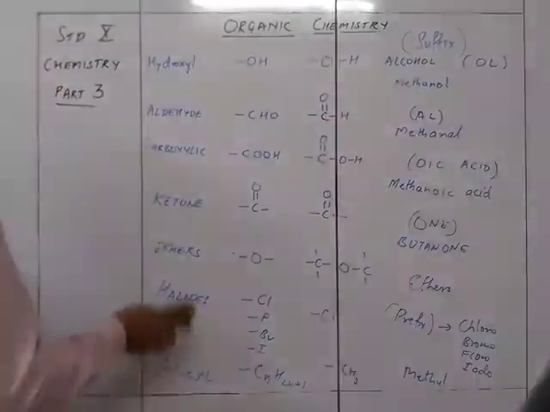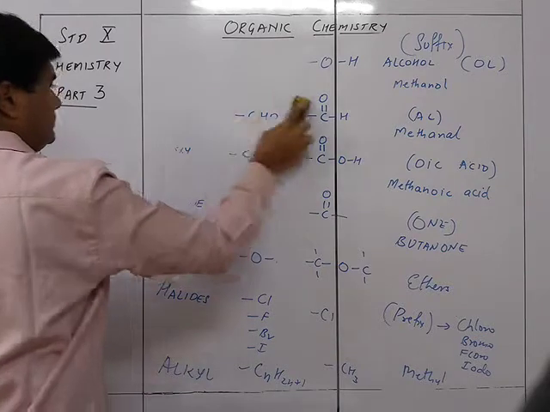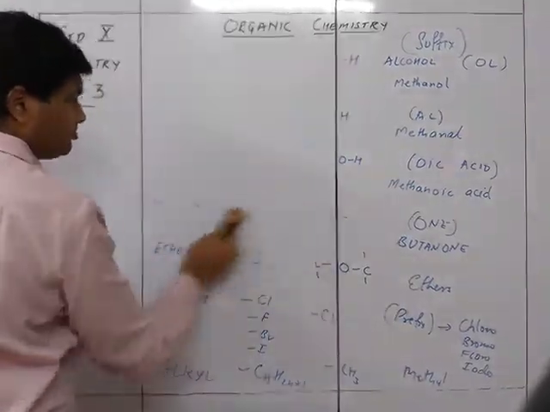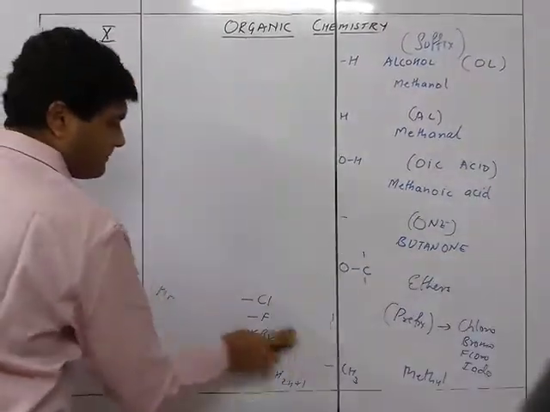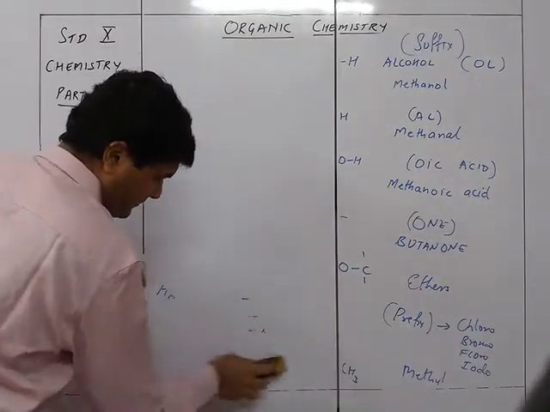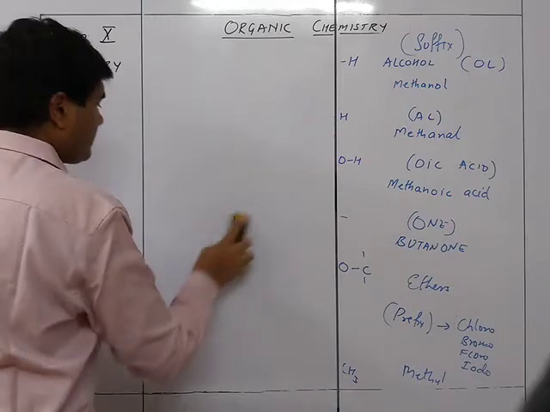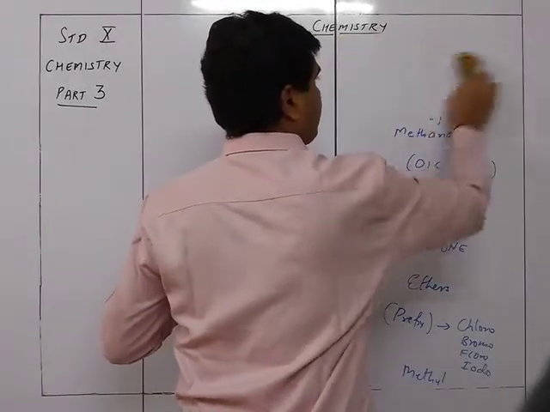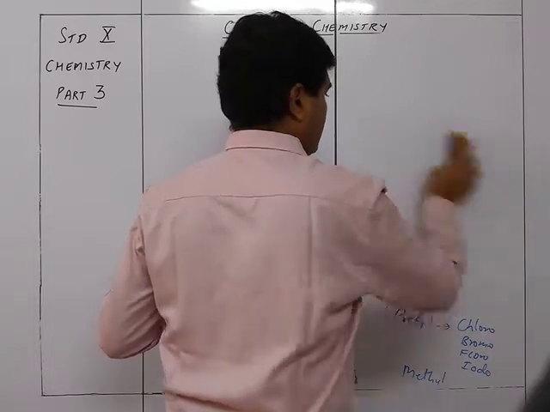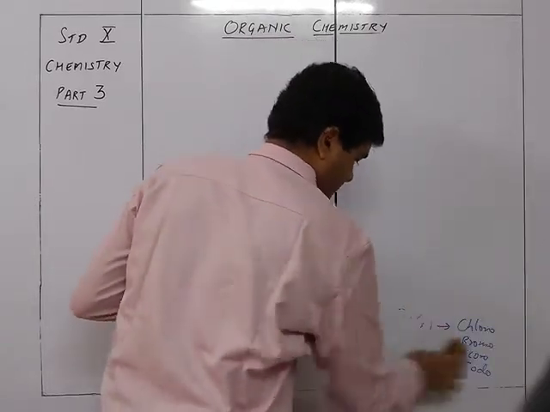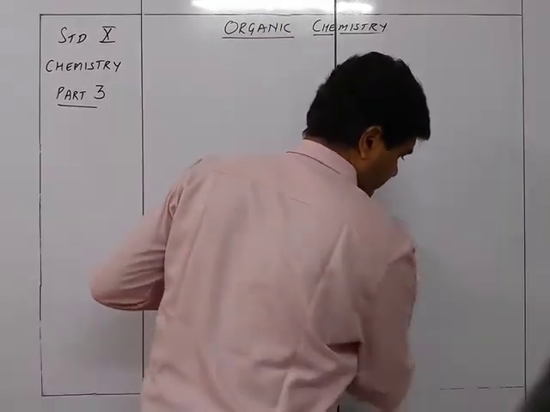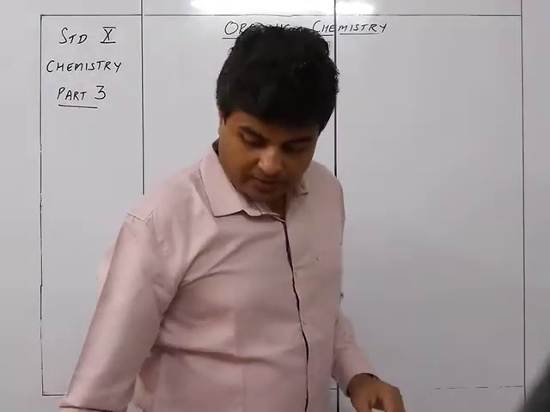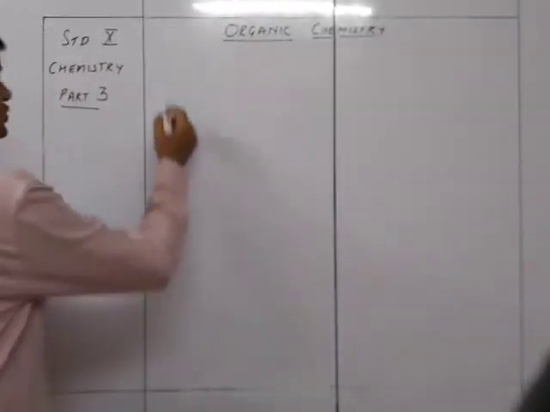Let's see what we mean by chain isomer and position isomer. What we see first is the chain isomer.